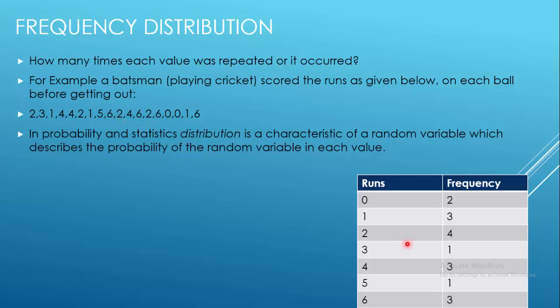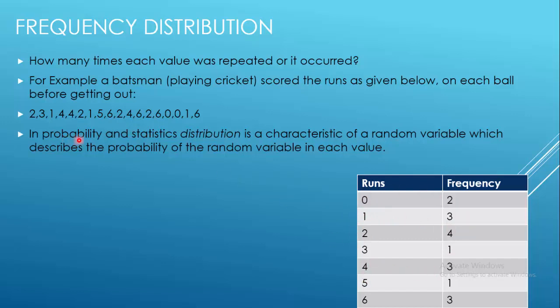So you can see here that he scored 2 runs 4 times. In this scoreboard you can see that he scored no run on 2 balls. So the frequency of scoring no runs is 2. And what is the frequency of scoring 1? That is 1, 2 and 3. So the frequency of scoring 1 is 3, and so on. That's how we have populated this whole table.